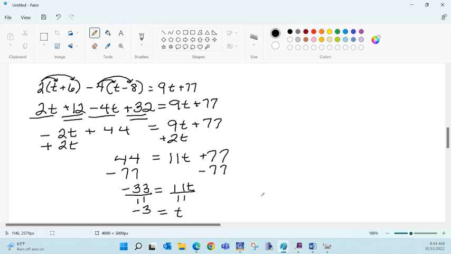Negative 3. So the really neat thing is that these problems just always come down to simplifying, simplifying, simplifying, and you're getting down to one answer. And the idea is that each step you do makes the problem easier and easier. But we had to do that section on just simplifying so that you would always know that you simplify first.